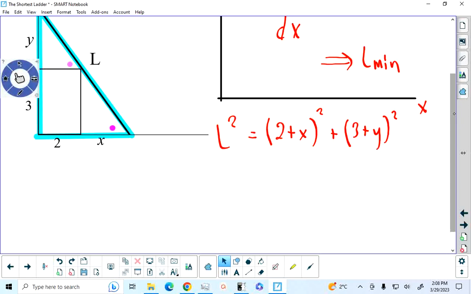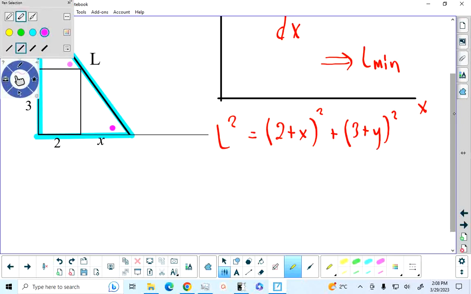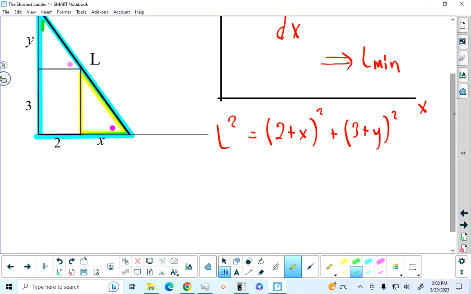This triangle here is similar to this triangle here. Now, what does similarity mean?